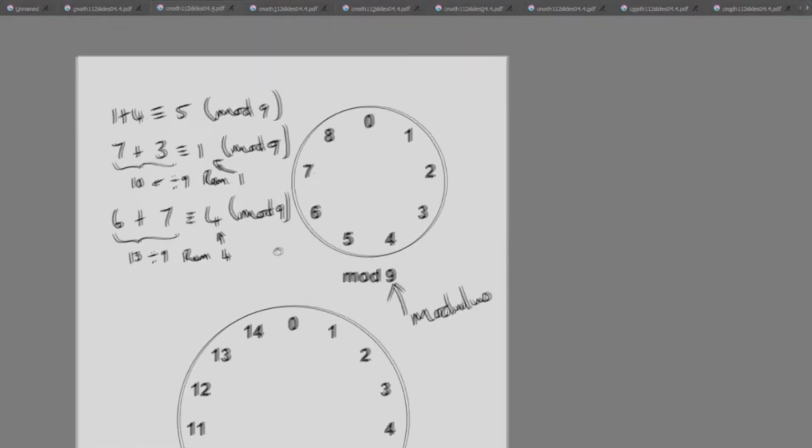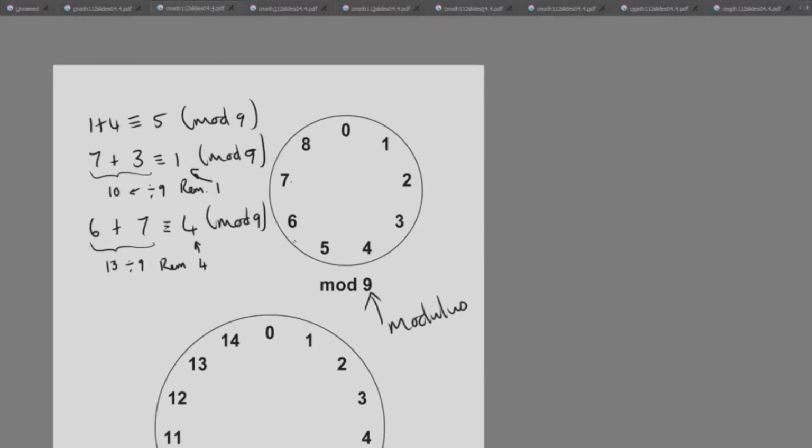I can extend that by using multiplication to get larger numbers. Let's say I take 4 times 8, sorry. 4 times 8 is a total quantity of 32.